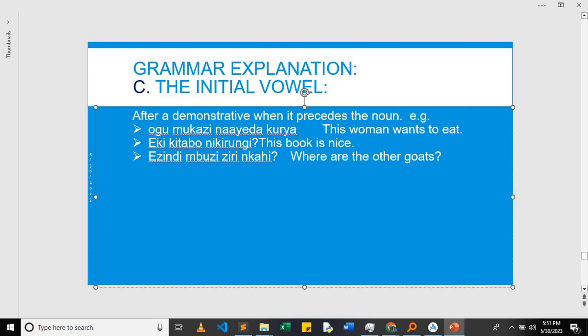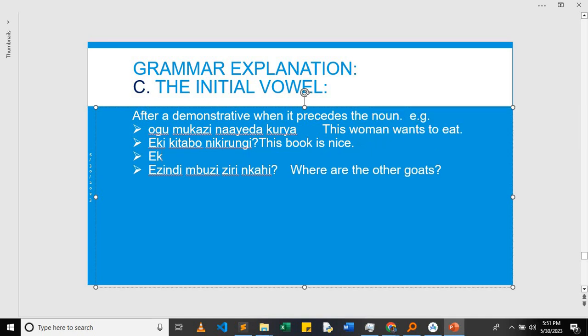Then echi, echitabo, echitanda, this bed. So echi also means this. Echichikopo, this cup. Then ekizimbe. Ekizimbe means building.